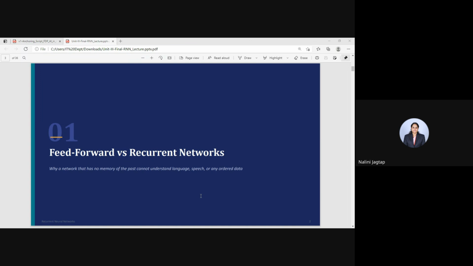The network has absolutely no way of knowing what input it processed a moment ago because it has no internal mechanism for storing that information, right? Think of it like a person answering a series of unrelated multiple choice questions, where after answering each question, they are made to forget it completely before seeing the next one.